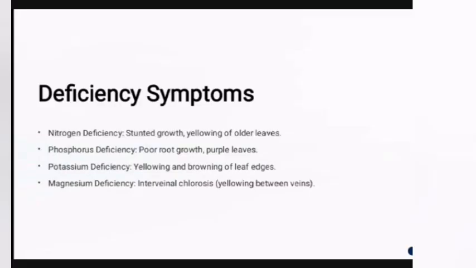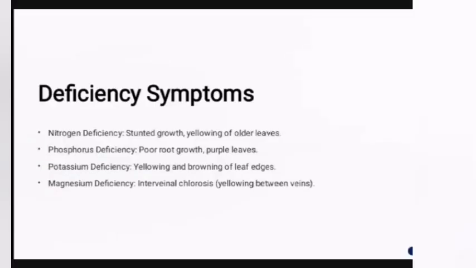Second, phosphorus deficiency will cause poor root growth and purple leaves. Remember, phosphorus is responsible for absorption of ATP. Then potassium deficiency will cause yellowing and browning. And finally, magnesium deficiency will cause interveinal chlorosis, that is, the veins stay yellow in color.